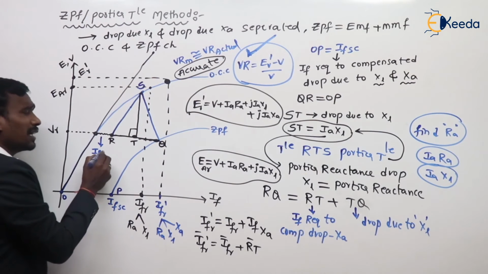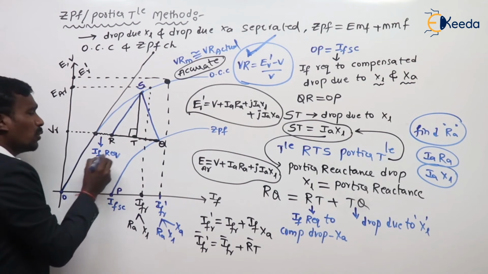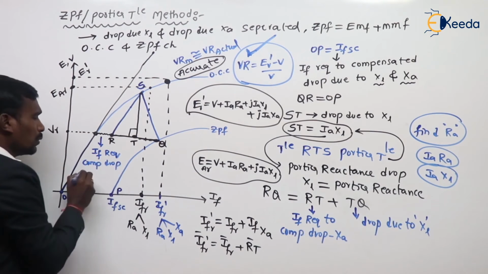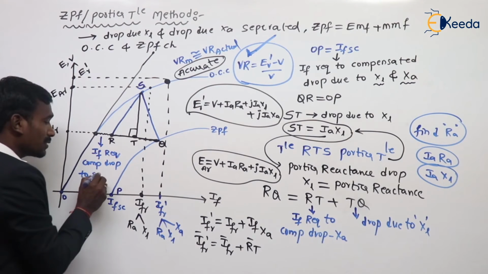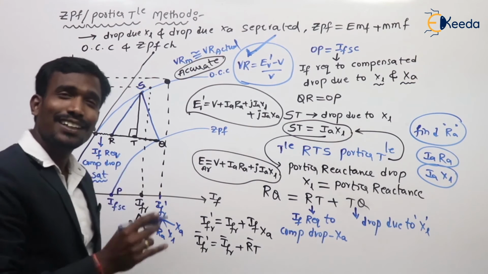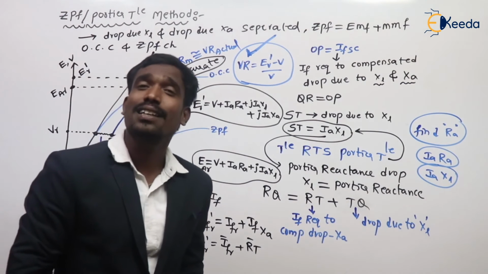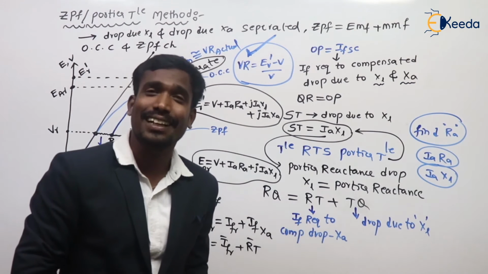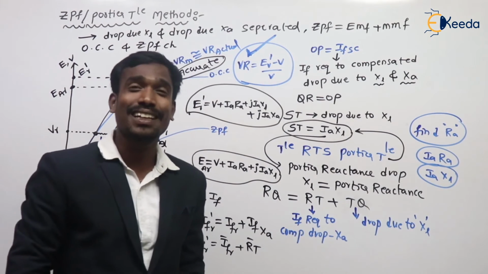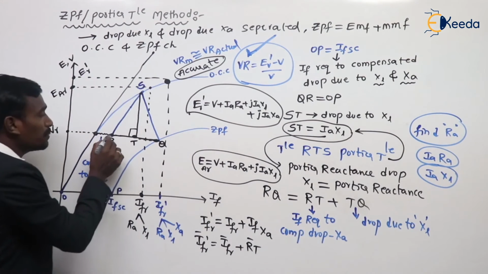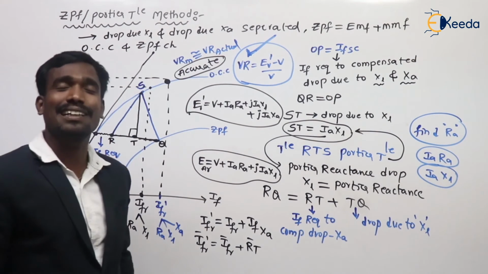This is the field current required to compensate the drop due to saturation. Again, here is a mistake. Saturation is neglected. Again, here is the blunder. The small drop due to saturation is neglected.